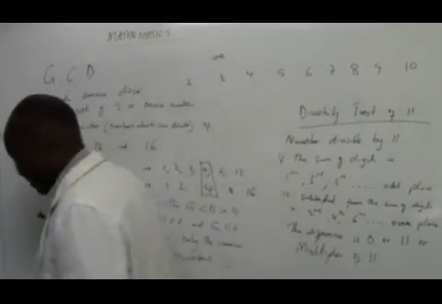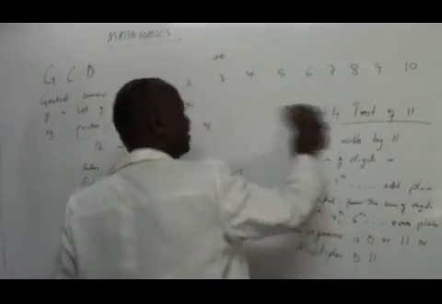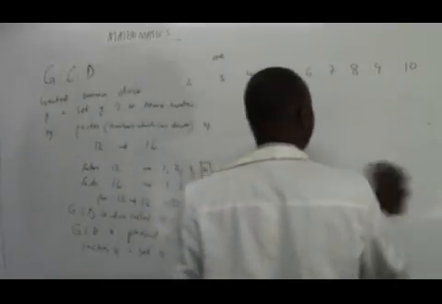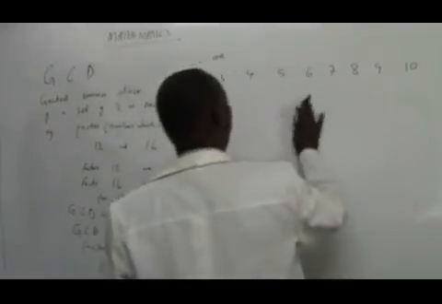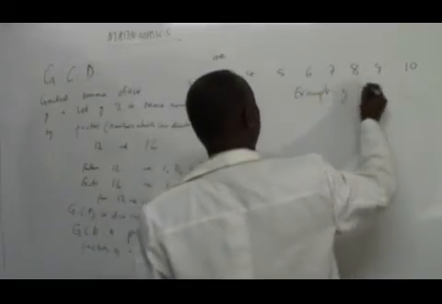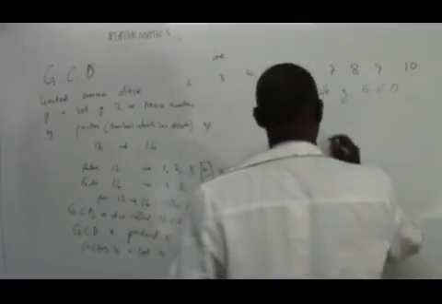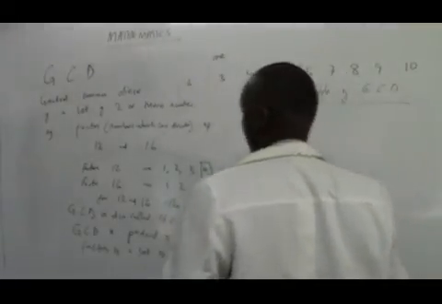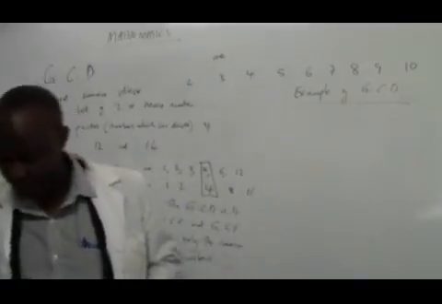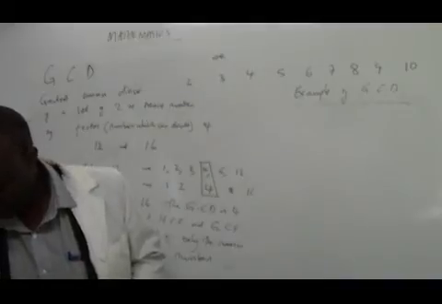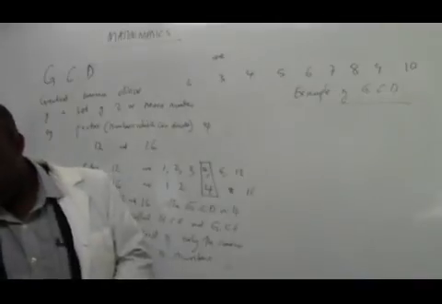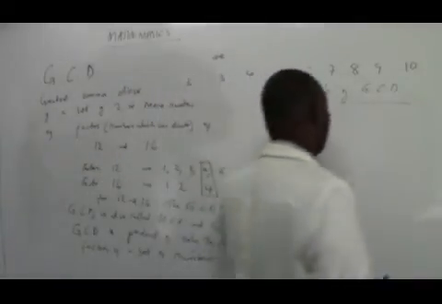An example of GCD. For example, we have three numbers, 72, 96, and 300.